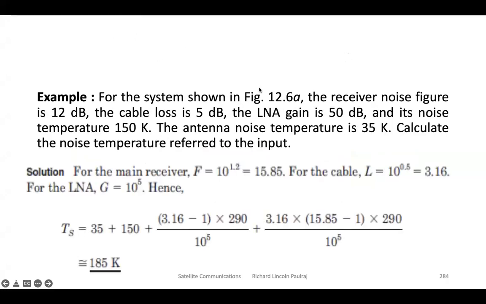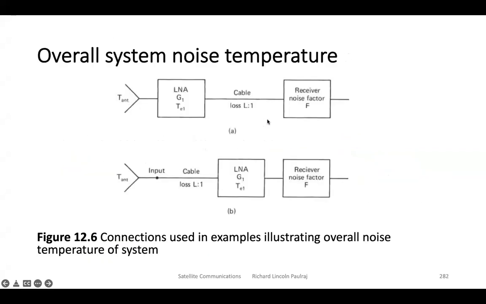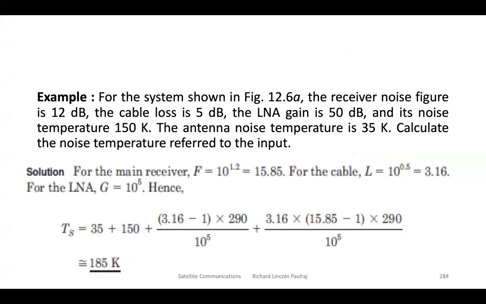If you see this example here, we are considering the same figure, the previous one. Based on this figure, we have this example, where I've directly given you the values.